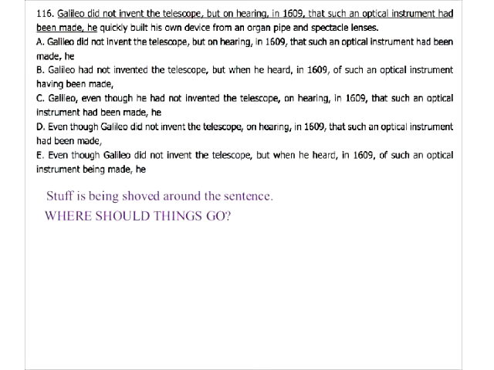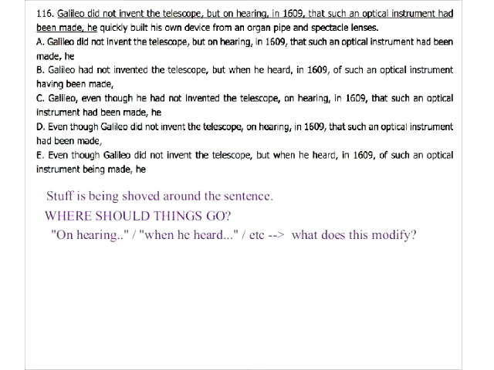So one modifier that's here is on hearing or when he heard, etc. What does this modify? Okay, yeah, when he heard that something had been made, he made his own. So this should modify the sentence, not a telescope.